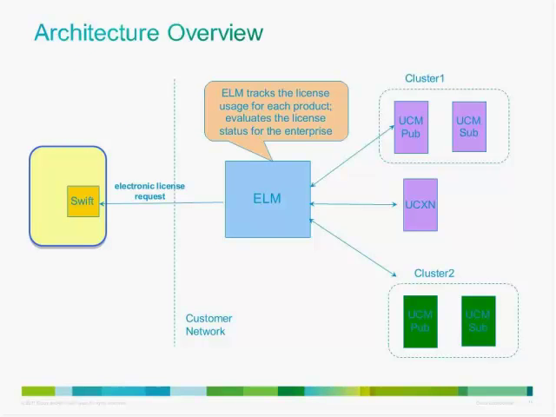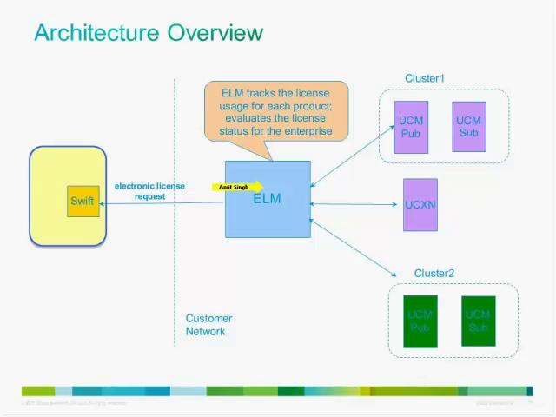So let's talk a bit about the architecture overview. As you can see here in between, we have Enterprise License Manager in the blue box, and let me use a marker quickly. This is the Enterprise License Manager component which we have in between, and then you will have, say, cluster 1, Unity Connection and cluster 2.